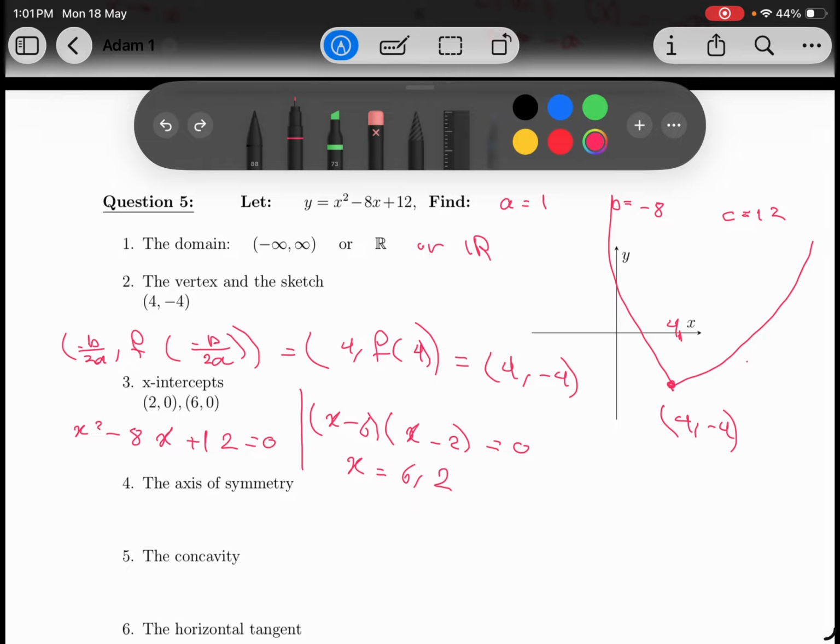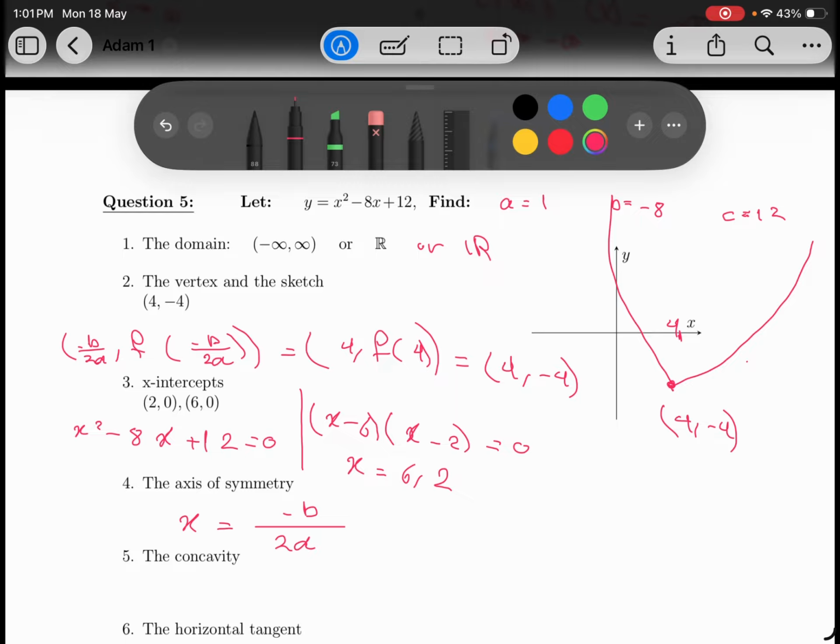Okay, so here the axis of symmetry, which is the vertical line that splits this parabola into two identical parts. So the formula, it will be x equals, because it's a vertical line, so x equals what? Minus b over 2a.